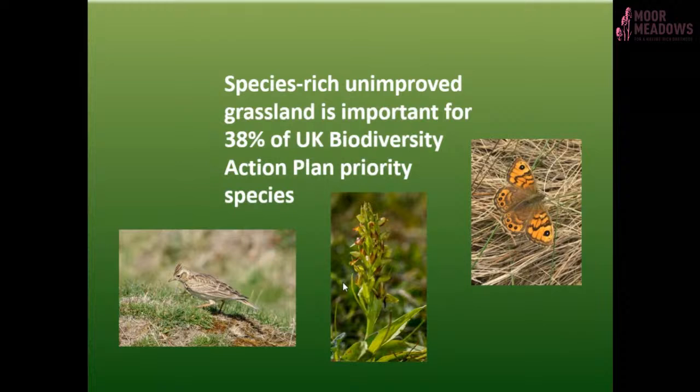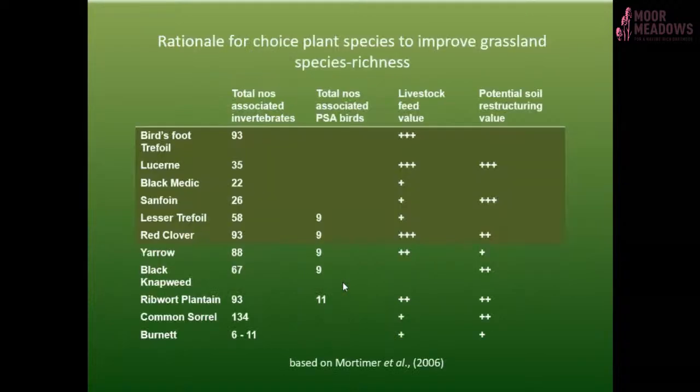Now, species-rich unimproved grasslands are important for 38% of the UK's Biodiversity Action Plan priority species. I've just shown 3 here as examples: the skylark, a frog orchid, and the wall butterfly. They are important, but I know that many of you want to create or improve your grasslands for species richness or flower richness.